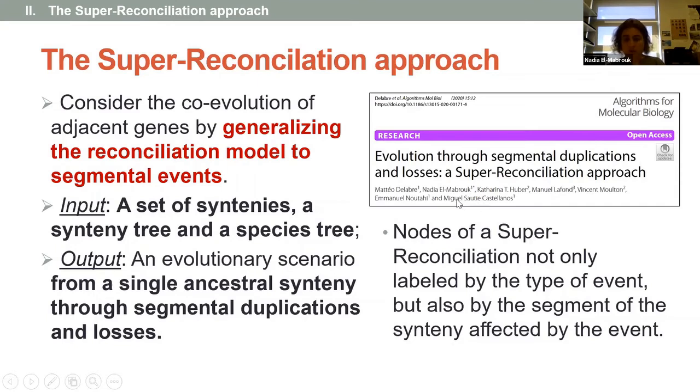Reconciliation just labels internal nodes by the type of event, but here we will need the type of event, but also the actual synteny and the segment that has been affected by the event.